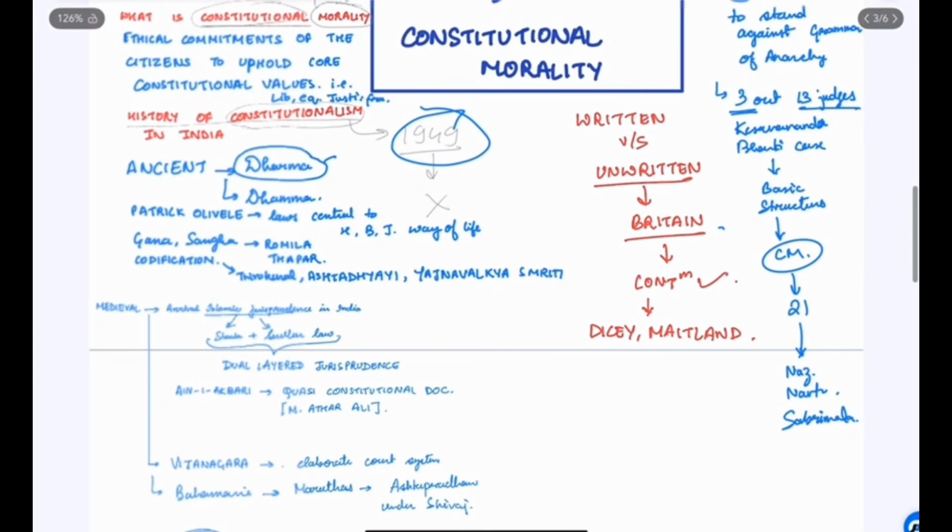So these were very wide interpretations of Article 21 and, in Sabarimala, Article 25.